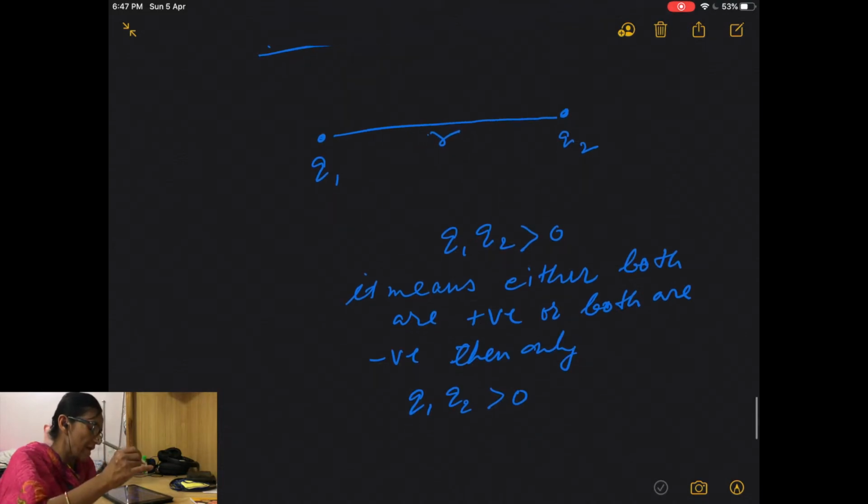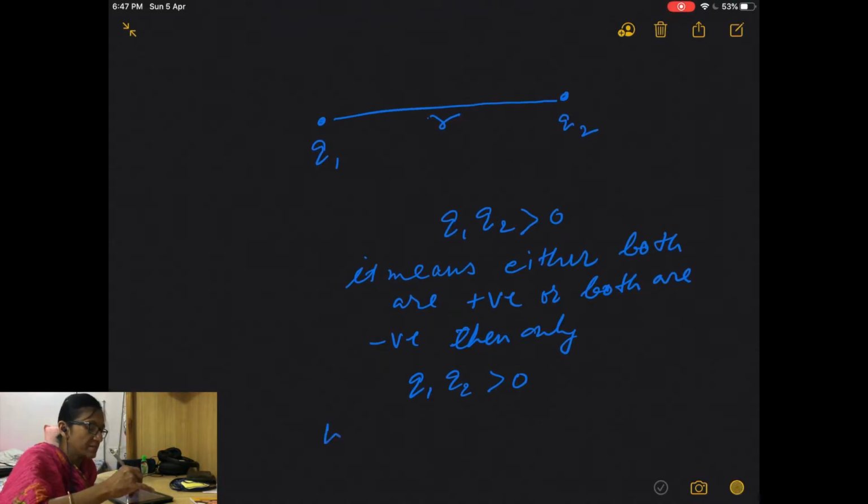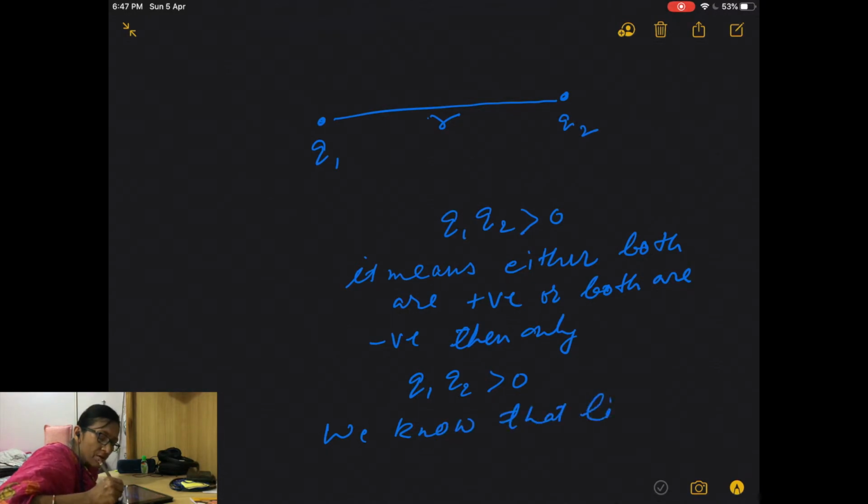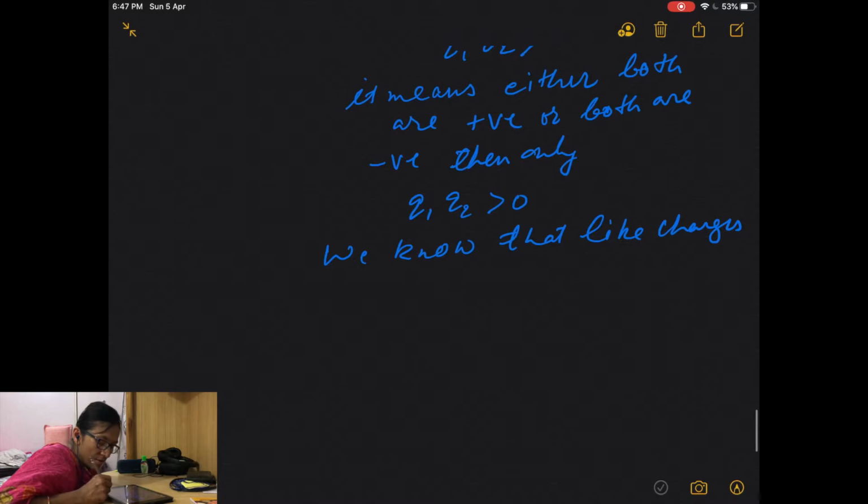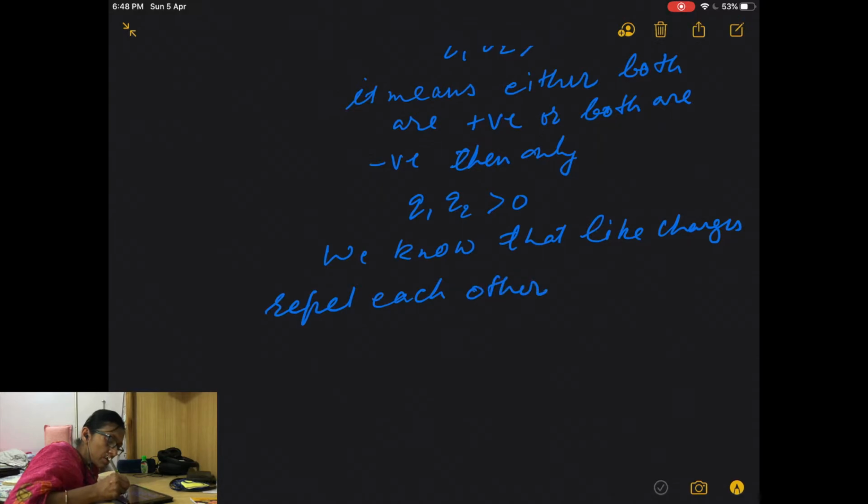Now we know that like charges repel each other. So let us draw the direction of forces on the two charges.